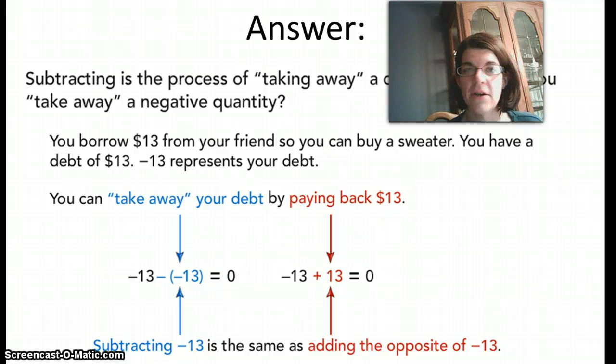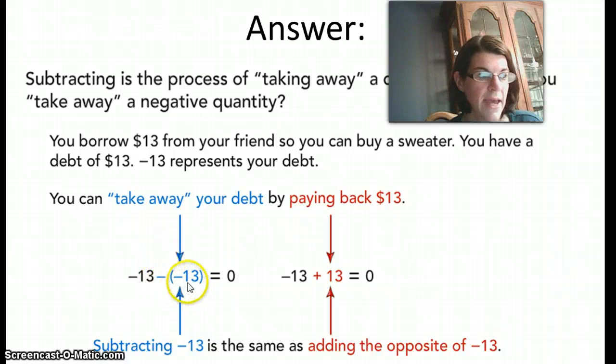I just wanted to talk a little bit about taking away a negative before we go over those answers that you were practicing in Part 1. Take a look at this slide. They talk about if you borrowed $13 from a friend so you can buy a sweater. So the debt is $13, and that's a negative 13.